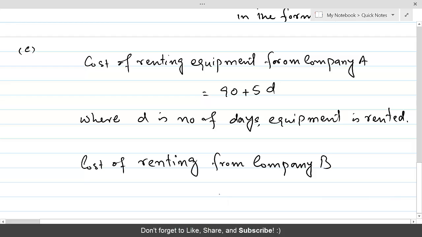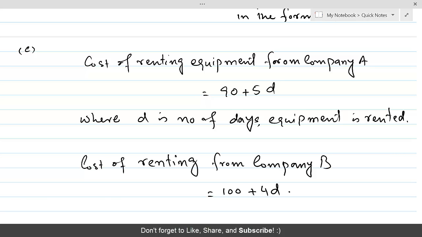What is their fixed cost? They charge $100 upfront, plus they charge $4 a day. So 100 plus 4D.